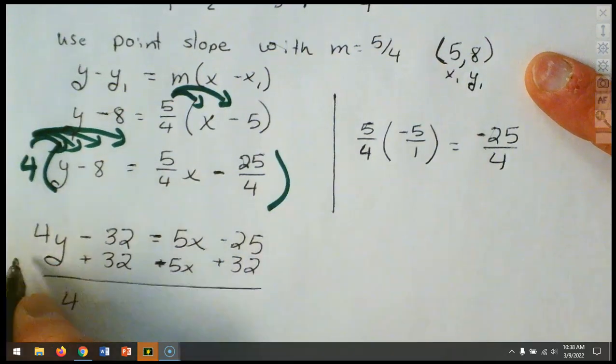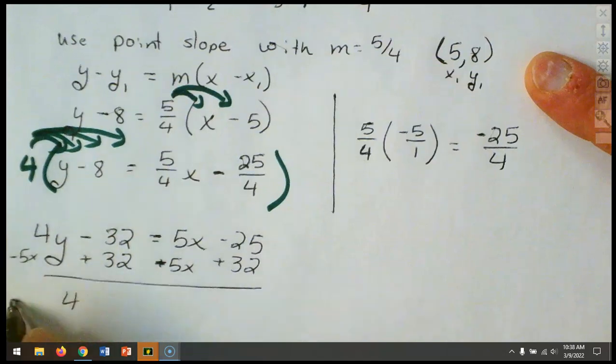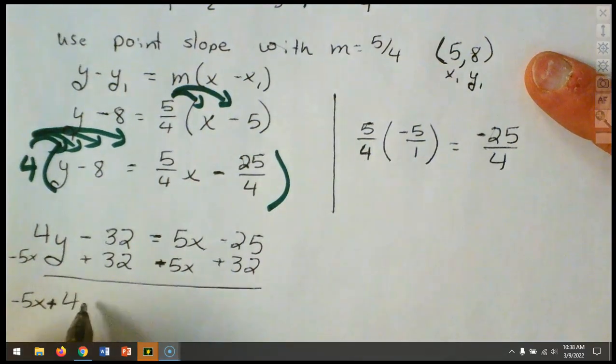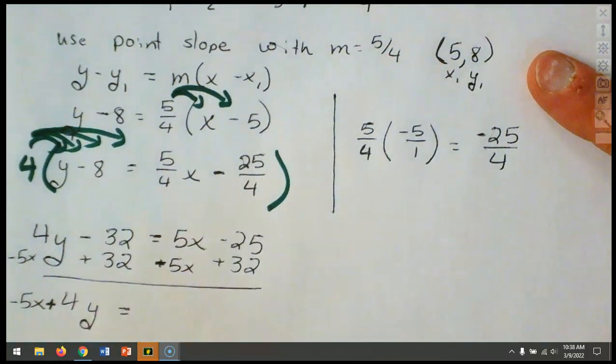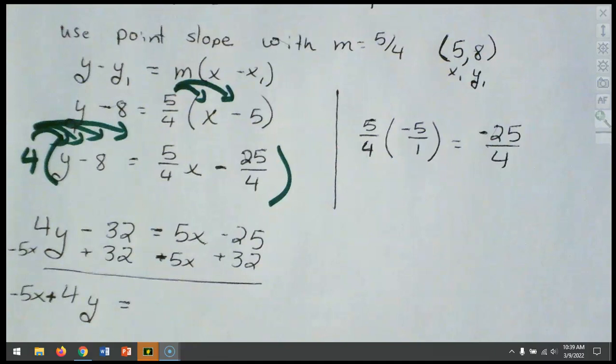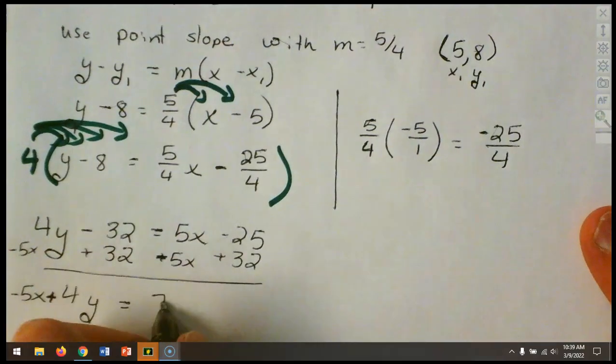We can do it all in one step, so move that 5x over. So then we've got minus 5x, we move that over, plus your 4y equals negative 25 plus 32, that should be a 7. It's going to be a positive 7.